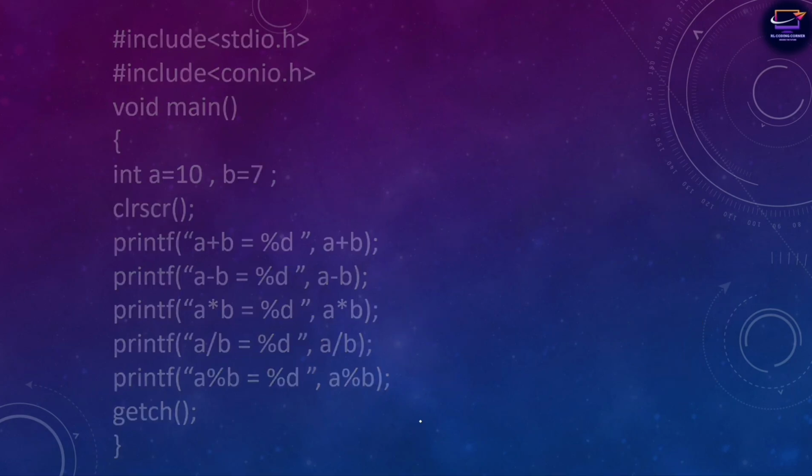So here is the rule: you cannot use the modulo operator on floating point numbers. Please write it down. Make this very clear that the modulo operator can only be used on integer values.